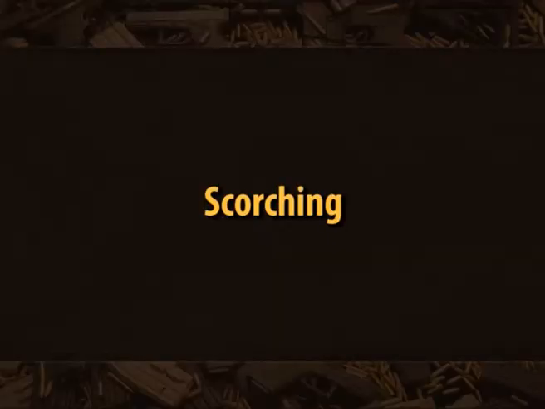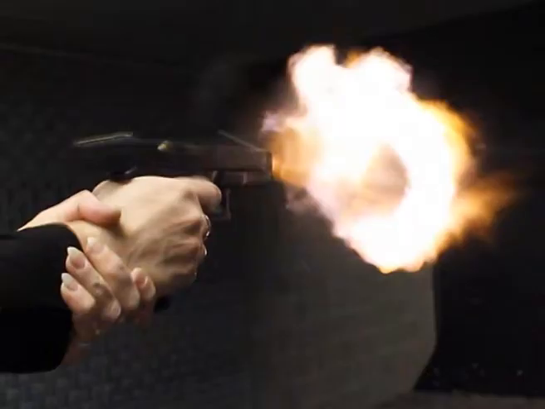Then comes scorching. The scorching of the target is caused by the flame or by very hot gases. It is a sure sign that a firearm has been fired from a close range. The hot gas can travel forward only to a limited distance, which varies from a few centimeters in the case of pistols and revolvers to a decimeter in the case of shoulder firearms.